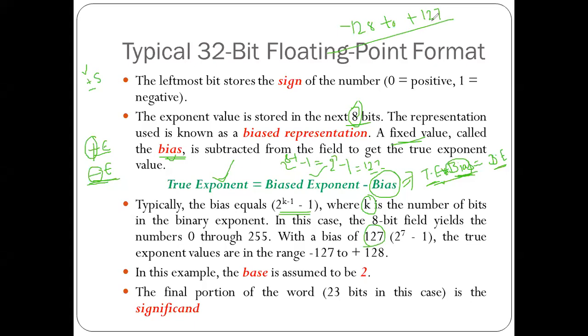When I add the bias value 127 to it, I will be making my values range from 0 to 255. Sorry, this should be 0. True exponent minus 127 to plus 128.